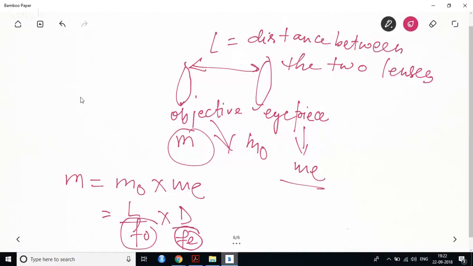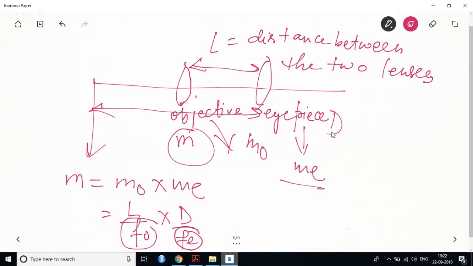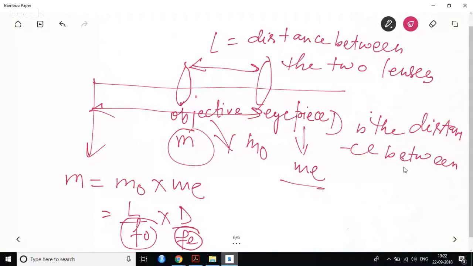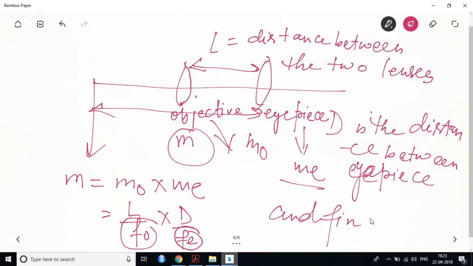And what is D? Suppose the final image is getting formed here, so D is the distance between the eyepiece and the final image. Just remember this. I'll share that PDF file with you guys.